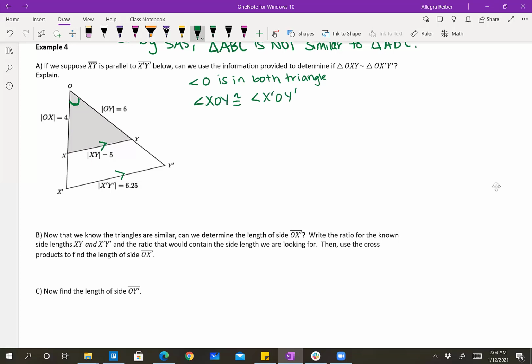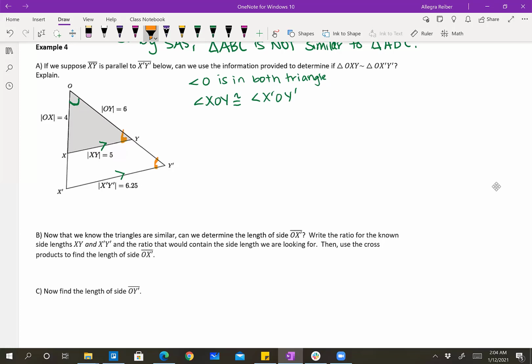What pair of corresponding angles do you see formed off of my parallel lines XY and X'Y'? There are two pairs. One pair of angles you might have chosen are the pairs formed at Y and at Y'.